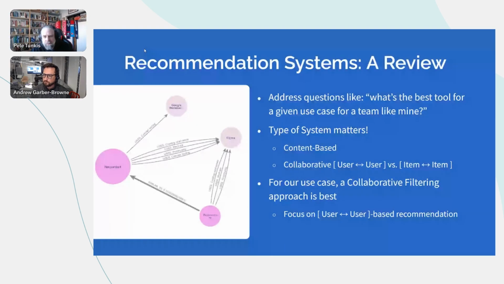The alternative side, which is really what we see most often with Amazons and Netflixes and all that sort of business, is collaborative systems. And for collaborative filtering, we typically see a user-oriented collaborative filtering or an item-oriented collaborative filtering. Item-oriented is pretty simple.